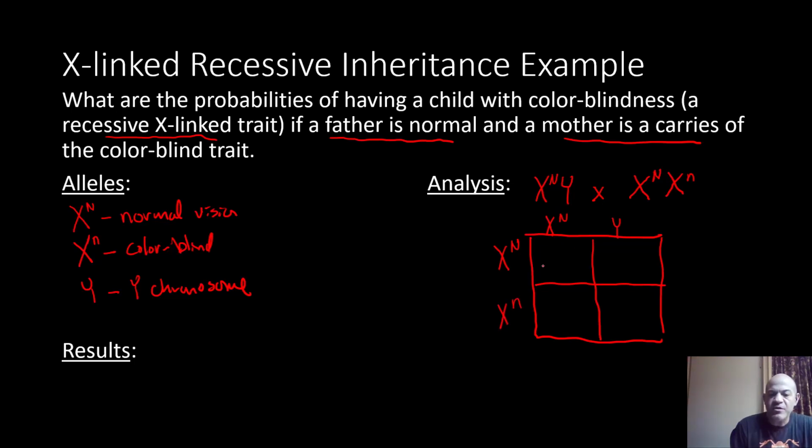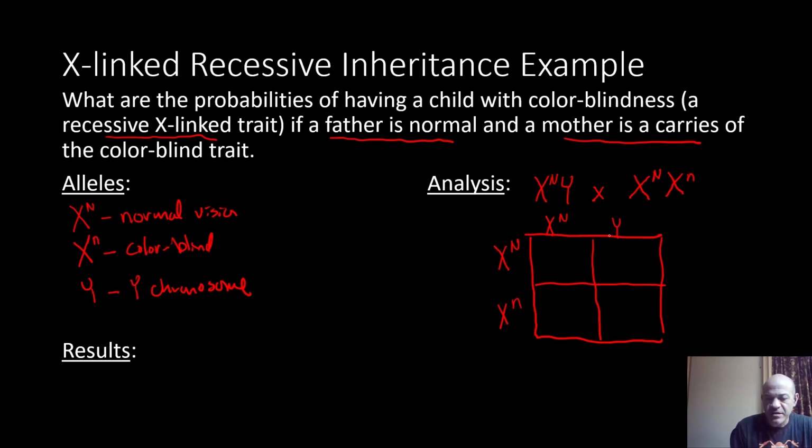So now all we do is fill in the Punnett square with all the possibilities. Remember, if we assume random fertilization, then a sperm from the male carrying the normal allele for vision is equally likely to fertilize any of these eggs.